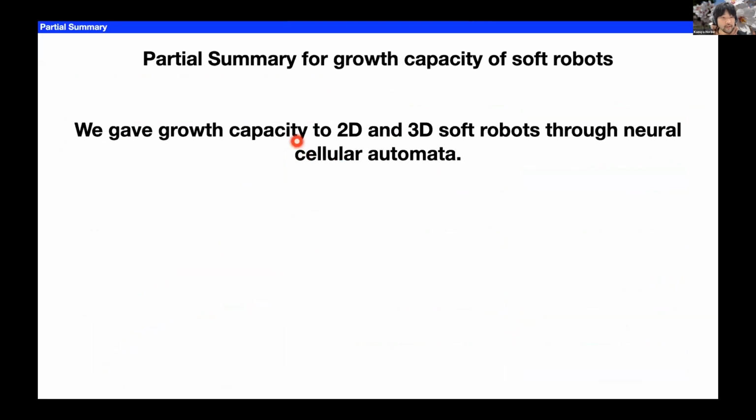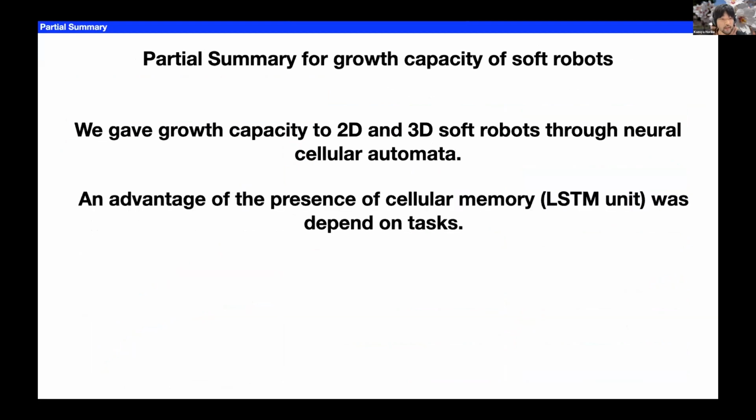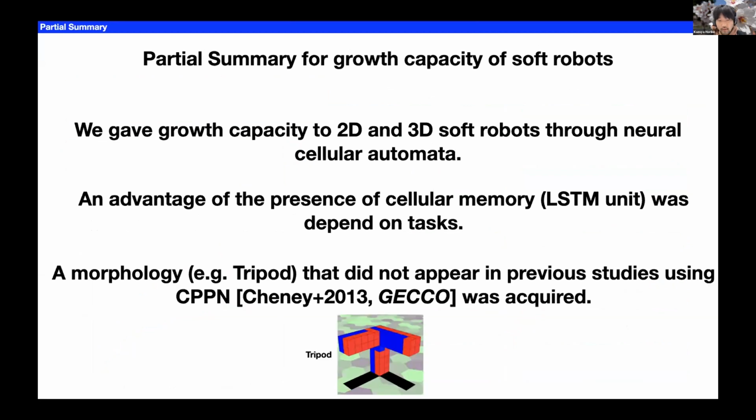First, we gave growth capacity to the 2D and 3D soft robots through neural cellular automata. The advantage of the presence of cellular memory was task dependent in our experiments, so we need more research. And we can get new morphologies that did not appear in previous studies using CPPN, like the tripod.